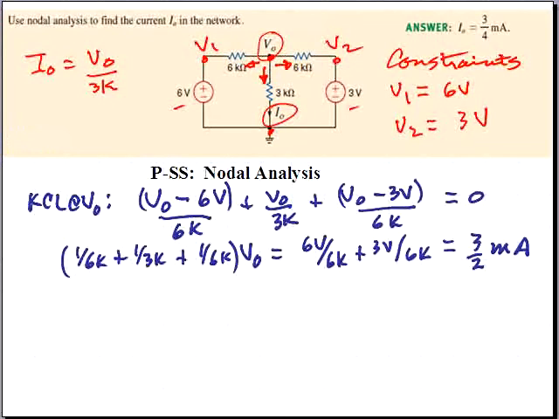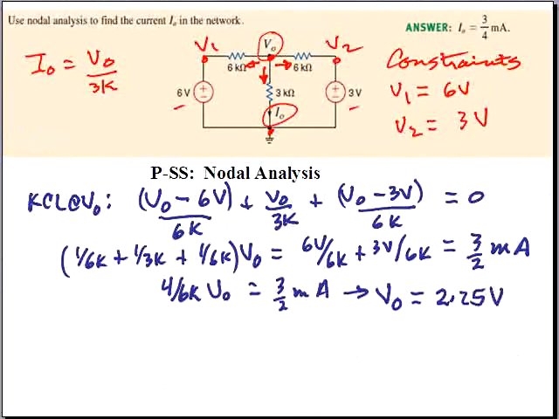On the left-hand side, we have 4 over 6K VO is equal to then 3/2 milliamp, which gives us the result for the node voltage VO equals 2.25 volts.